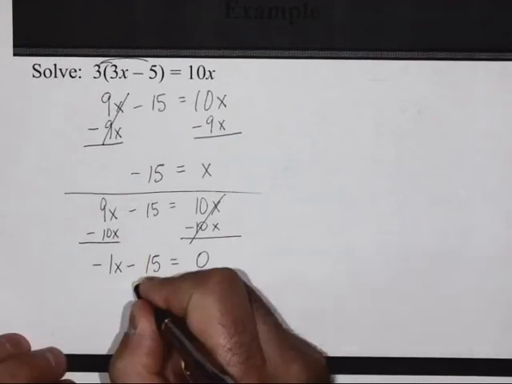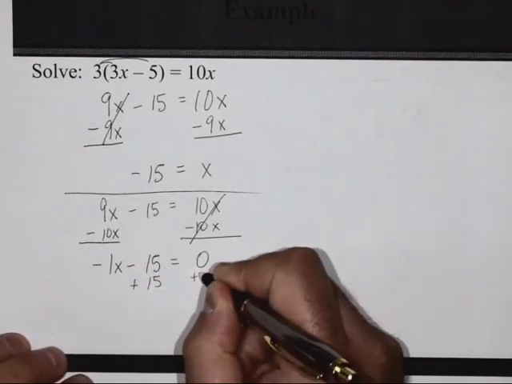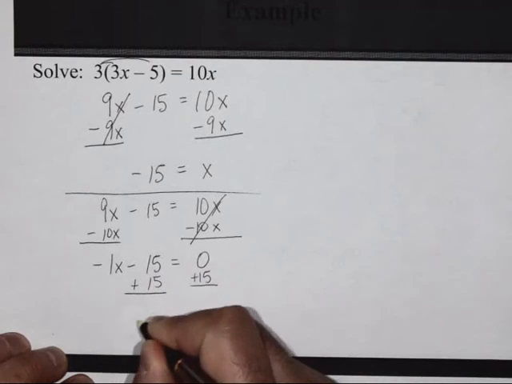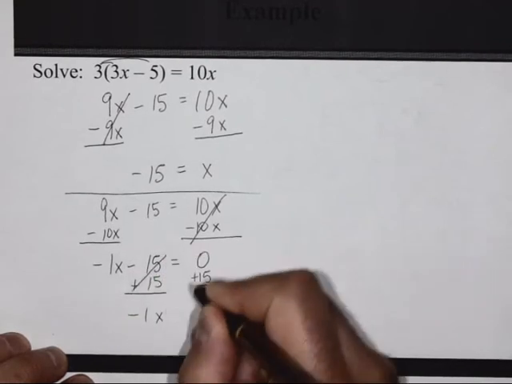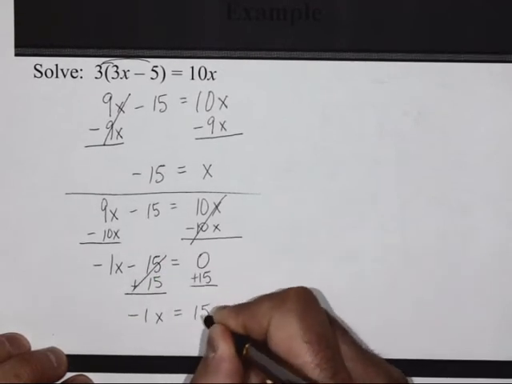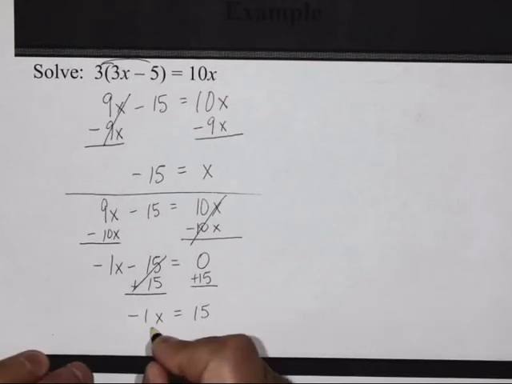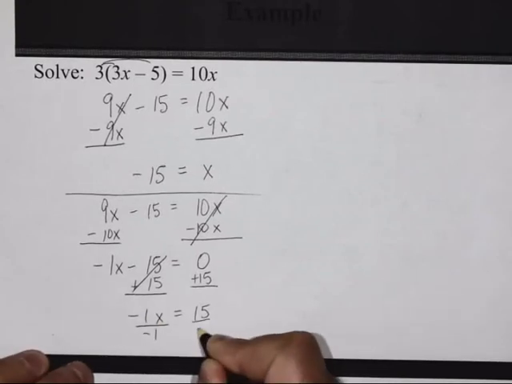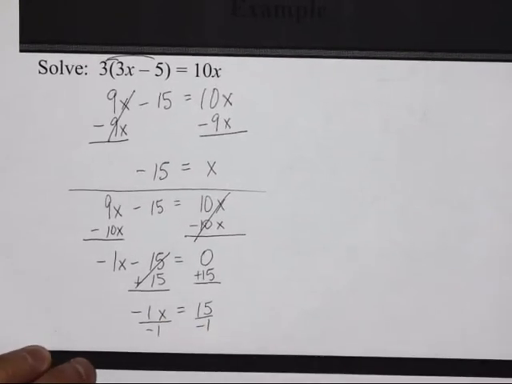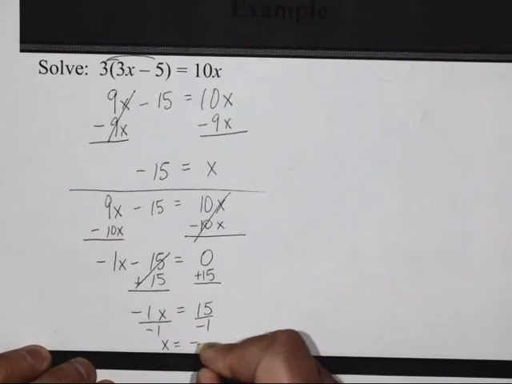I'd have to add 15. And then we're going to learn this in the next section, but in order to get rid of the negative 1, because this is negative 1 times x, I've got to divide by that number on both sides. And so that would then give me x equals negative 15.